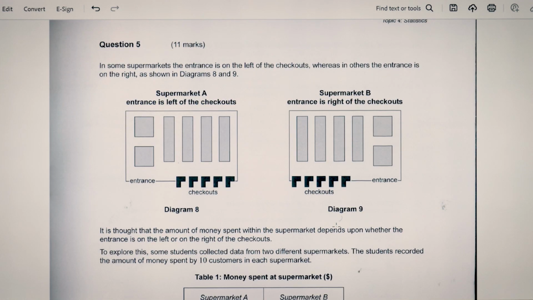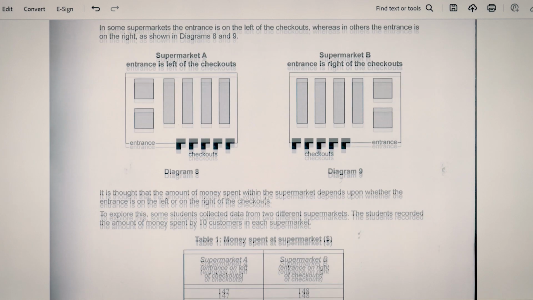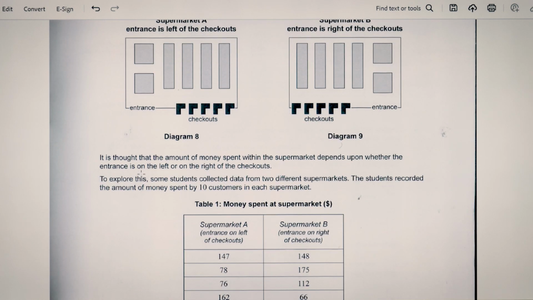Okay, moving to question 5. In some supermarkets, the entrance is on the left of the checkout. In other supermarkets, the entrance is on the right. And we have these 2 diagrams. It is thought that the amount of money spent within the supermarket depends upon whether the entrance is on the left or on the right.